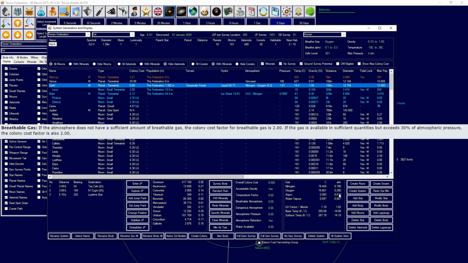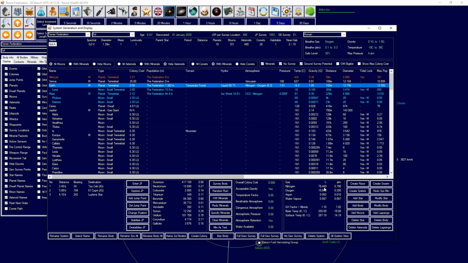So, for humans, you need oxygen, obviously. But you can't just have a pure oxygen world. You're going to need below 30% oxygen to be able to do it. And for humans, you need 0.1 atmosphere to be breathable, which is this number here. So percentages make up the total atmosphere.